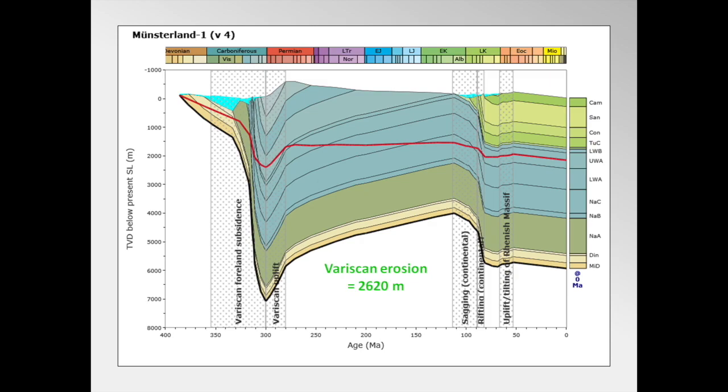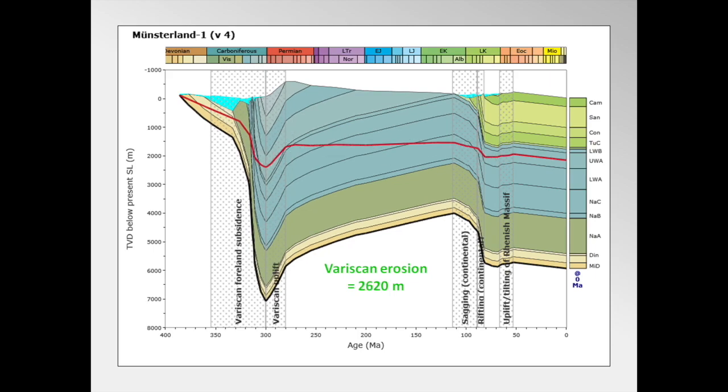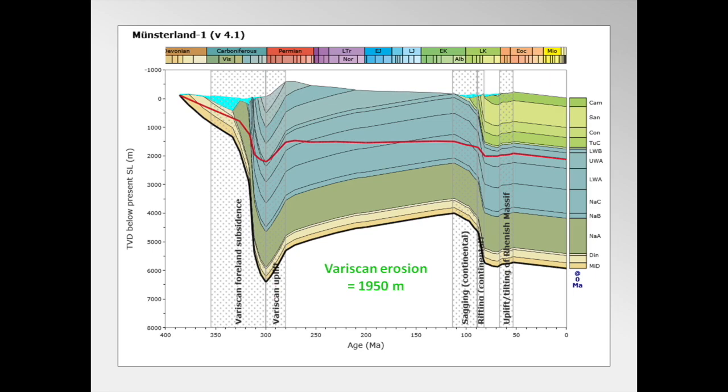The biggest conceptual change would be if we had decided to change the Stephanian from a period of deposition to one of erosion. Toggling back and forth between the original model and the revised model shows the minor differences in depths and in the tectonic subsidence curve.